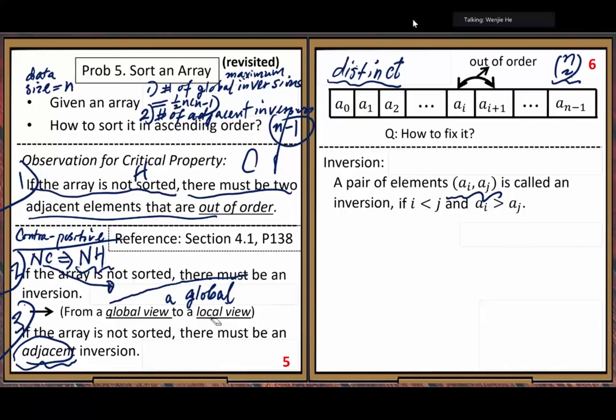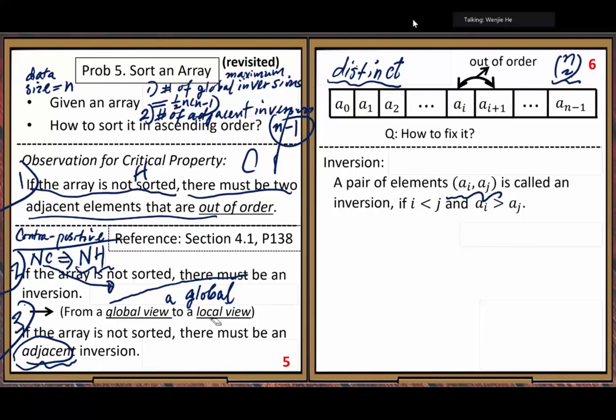How to fix one adjacent inversion? The first element is greater than the second element. The order is not right, and you want to fix the order between these two elements. Swap operation. Simple swap. Fix it.